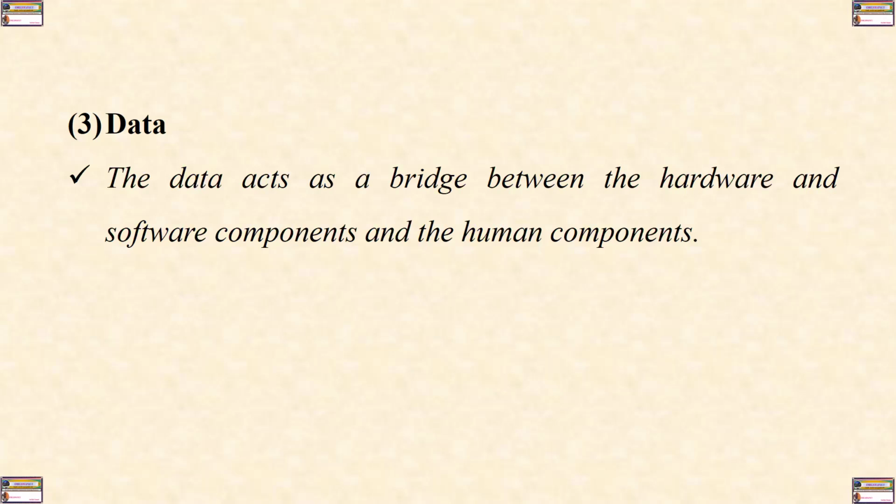So data are the raw facts that are not meaningful, and those are the facts that you key into a database so that you can process them and make them meaningful. The data acts as a bridge between the hardware and software components and the human components. In fact, data is what makes a database, because without data in a database, then that cannot be a database.